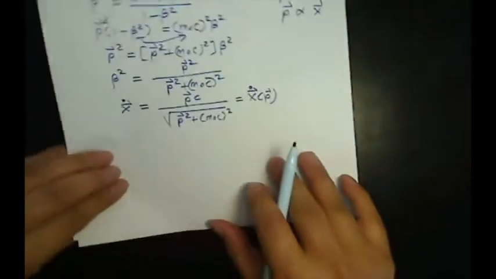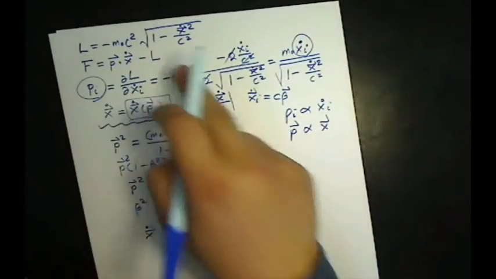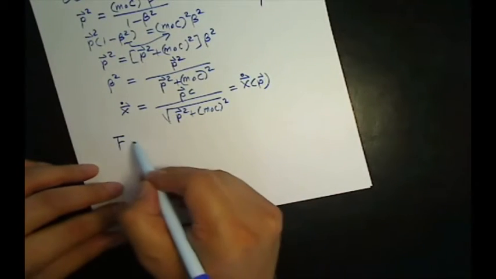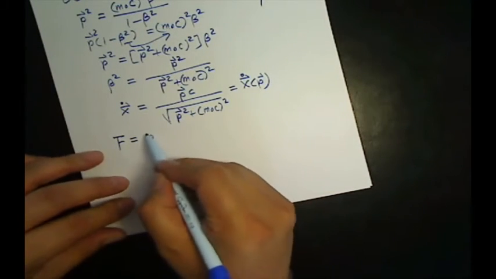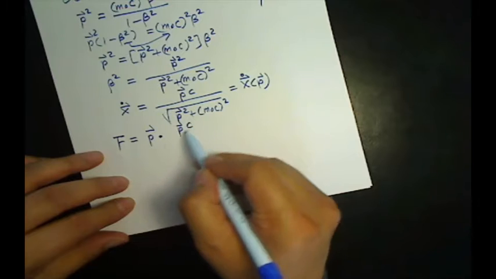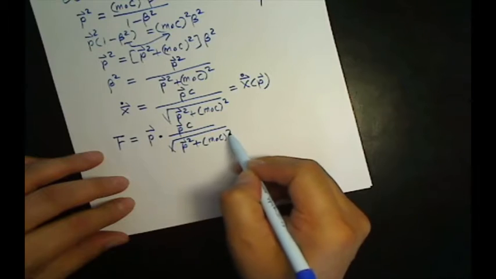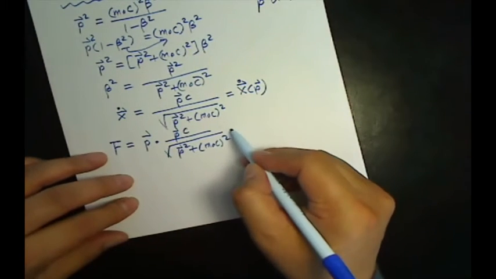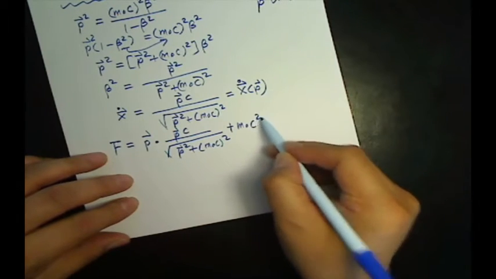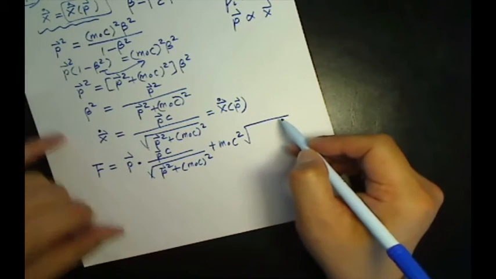So now we are able to substitute this into the expression. F equals p dot x dot, which is pc over the square root of p squared plus m0c squared, and the Lagrangian contributes a minus sign, plus m0c squared times the square root of 1 minus beta squared.